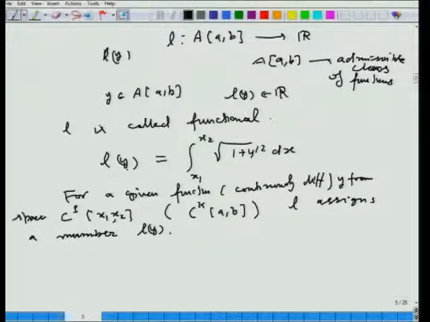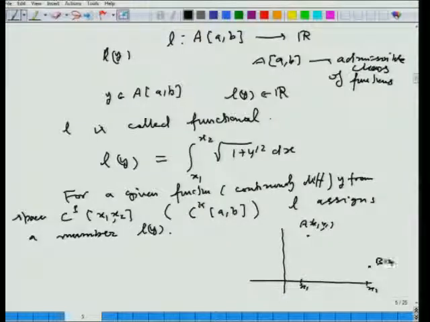So, if we change, for example, here you have x1 and x2. This is the point A, (x1, y1), and this is the point B, (x2, y2), and this is the curve y(x), which joins these 2 points A and B. So this functional will give the length of this y.